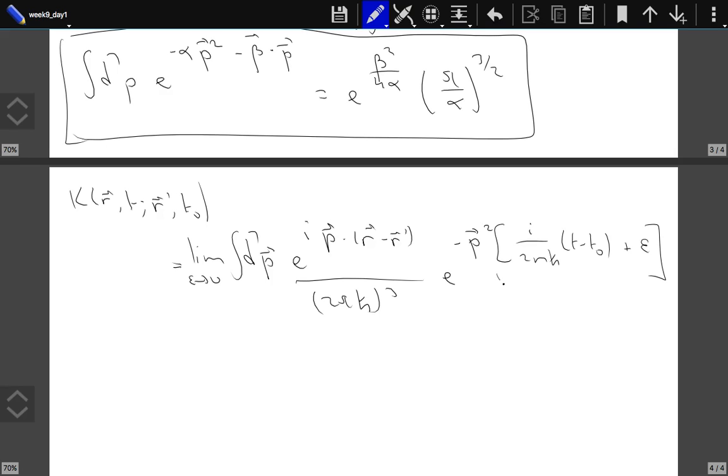You see, alpha is this one. All of this expression is my alpha. And my beta vector is minus I (r minus r prime).